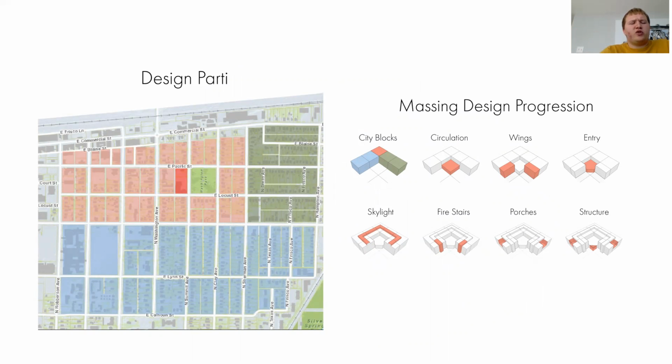I tried doing that by looking at Midtown's city blocks, the shape of the city blocks, their orientation, and the location of them. My design parti is directly taken into my massing, my idealistic massing for my design. Blue representing blue in the parti, red, etc.